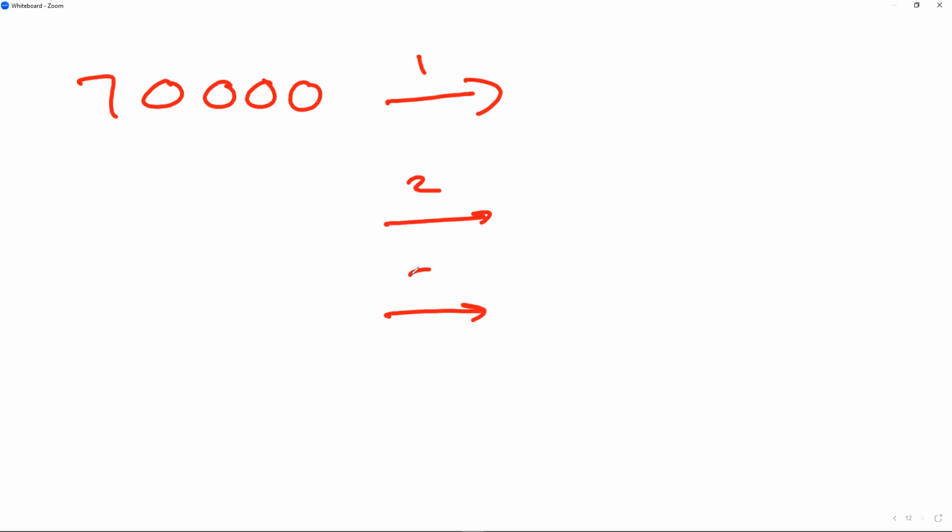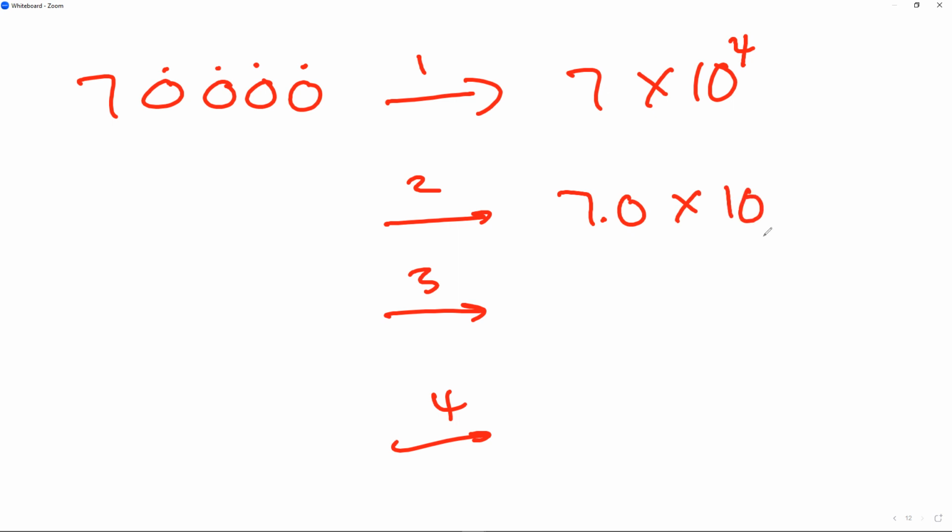So let's say I've got the number 70,000. I want to round it to one significant figure using standard notation, two significant figures, three significant figures, and four significant figures using standard notation. One significant figure would be, if I count it out, 7 times 10 to the power of 4. And if I got two significant figures, then it will be 7.0 times 10 to the power of 4.